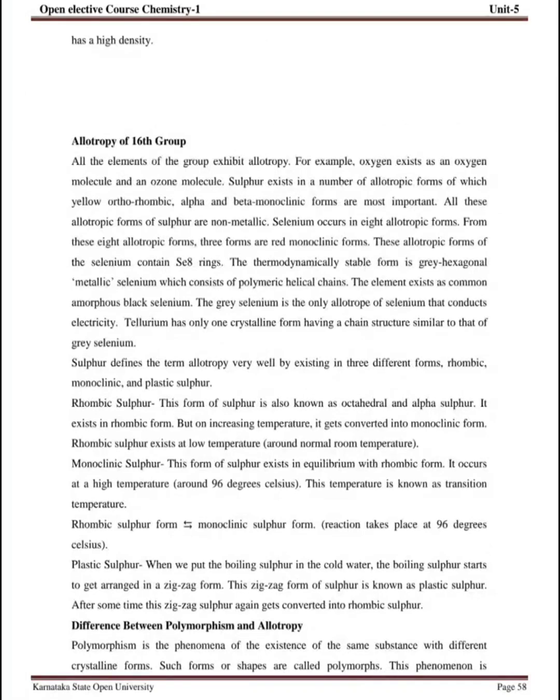Allotropy again is having different physical properties but the same chemical properties. Allotropy of the 16th group means, in the 16th group of the periodic table, what are the elements present there? In the 16th group, oxygen, sulfur, selenium, tellurium, polonium, and livermorium are present.